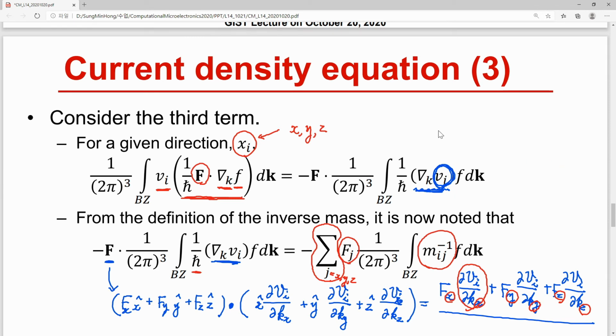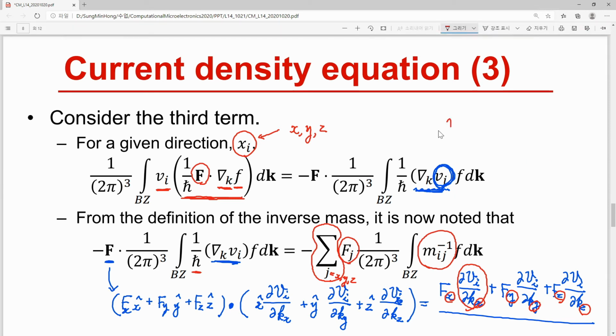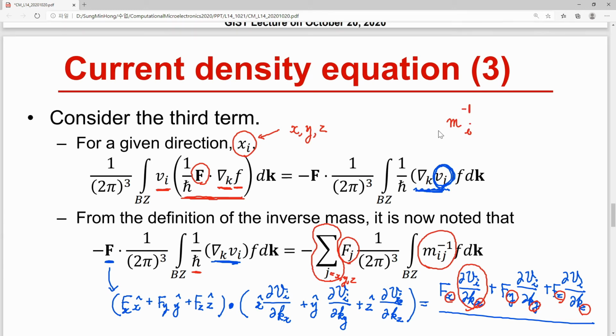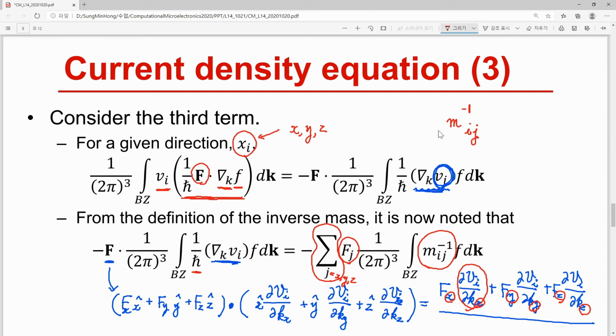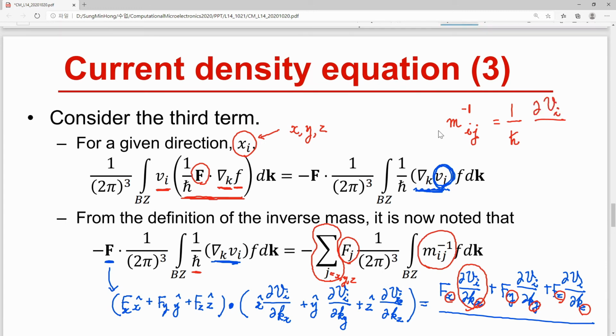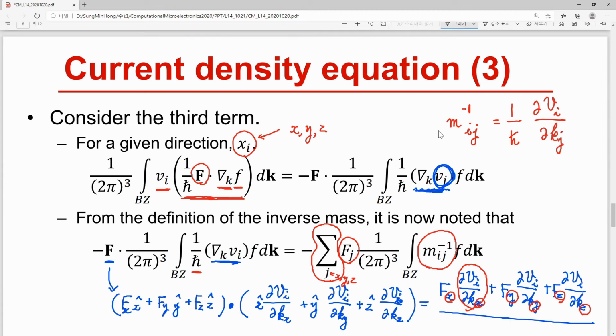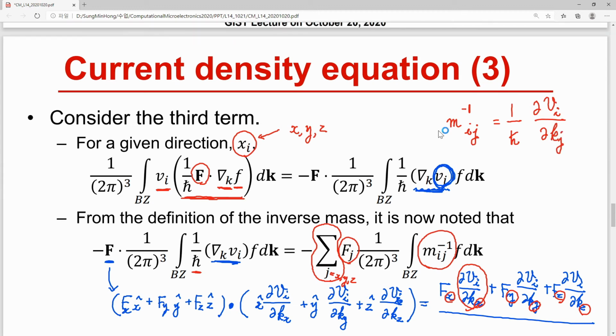Simply speaking, the inverse mass and its component ij is simply given by 1 over ħ times ∂v_i over ∂k_j. Okay, so you can easily understand this one.